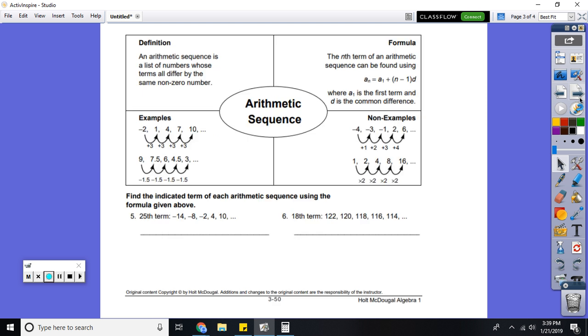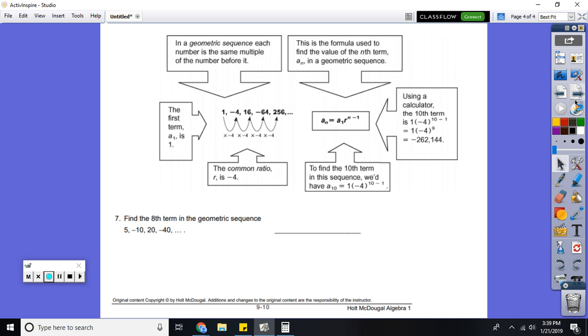So then we moved on to a set of worksheets that look like this. On one side it said 3.6. These are from your textbook. Chapter 3, Section 6 was arithmetic sequences. And then on the back of that sheet was 9.1, Chapter 9, Section 1 out of your textbook for geometric sequences. So you should have seen this graphic organizer on the back.